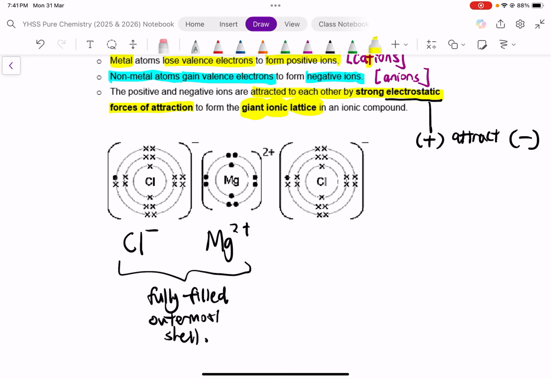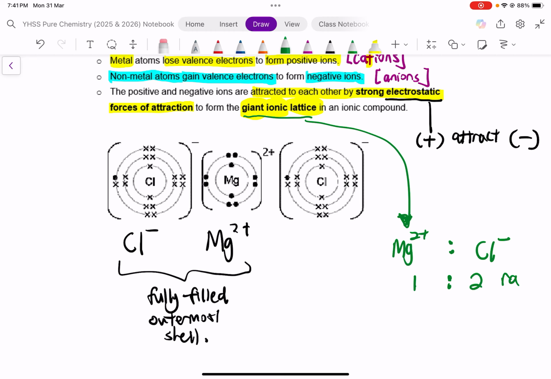There are many ions. So what the giant ionic lattice contains is Mg2+ and Cl- in a 1:2 ratio. So the ionic lattice basically might contain 1 billion Mg2+. If there is 1 billion Mg2+, then there will be 2 billion Cl- ions.